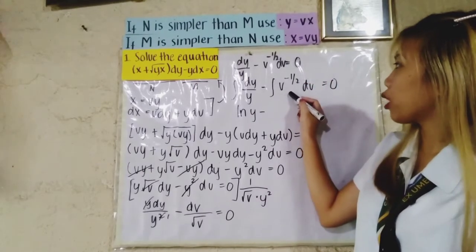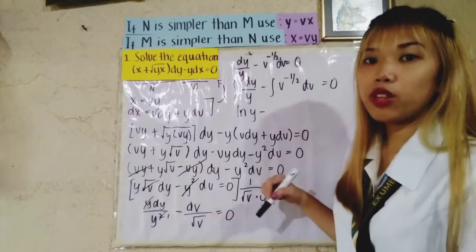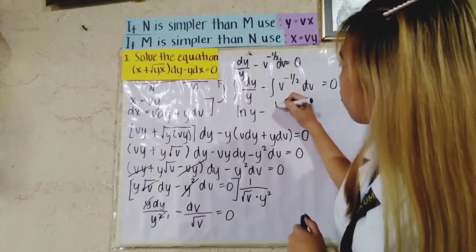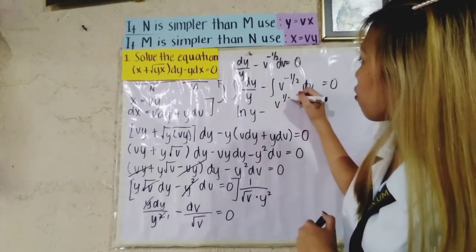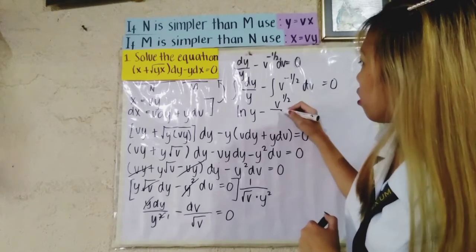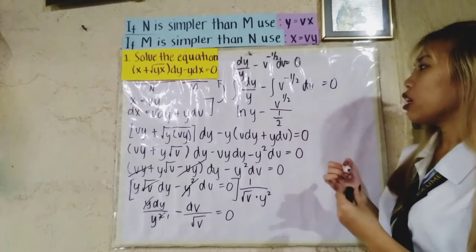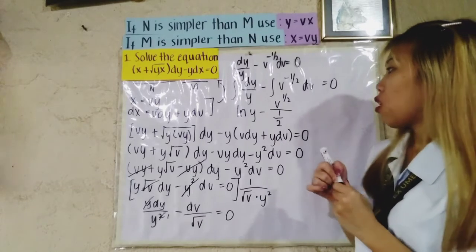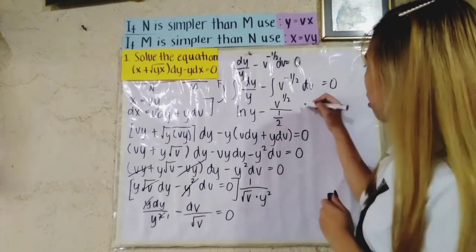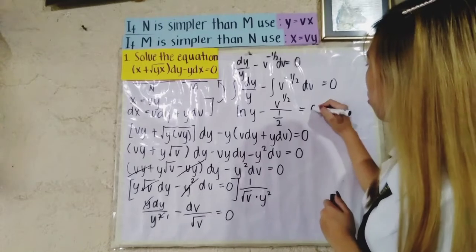Then, yung denominator niya, kung ano yung exponent natin, ganun din yung denominator. We have v, magiging positive 1/2 na, over, kung ano yung exponent, ganun din yung denominator. We have v, exponent of 1/2 over 1/2. Then equal to c.